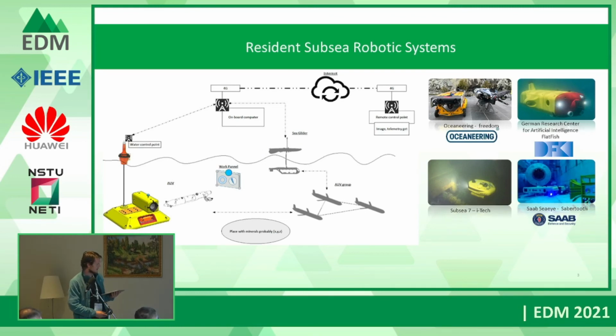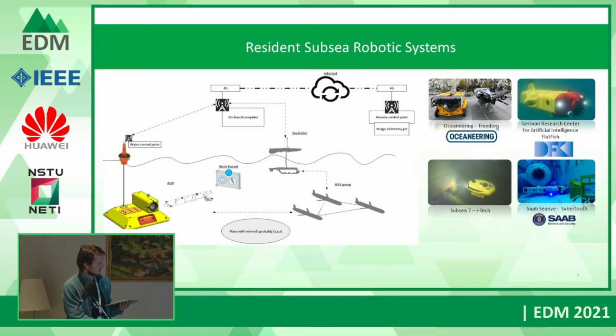Here you can see resident subsea robotic systems, and companies that do research in this area. Resident subsea robotic systems combine all marine robotic technologies. This can be a complex of different marine and underwater vehicles.